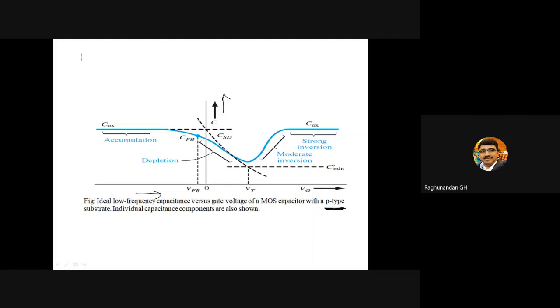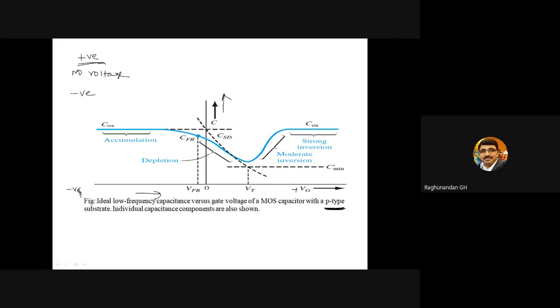Okay, we'll take all the cases: positive voltage, no voltage, and negative voltage. Positive voltage means on the first quadrant. This is plus Vg, this is minus Vg.